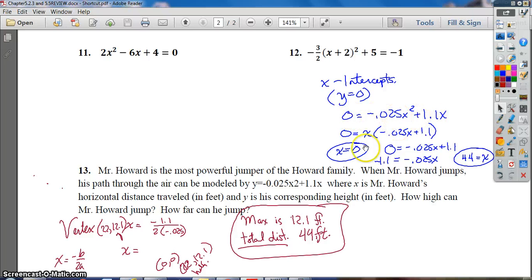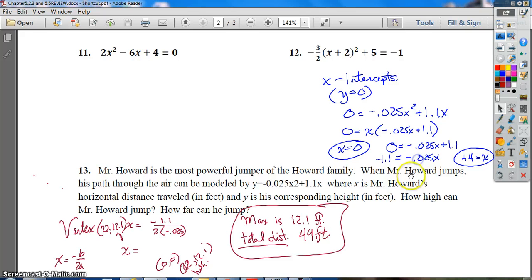I pulled the GCF of x out of this equation. Leaves me with negative 0.025x plus 1.1. I subtract that 1.1 over, divide by negative 0.025, and you'll get 44. Set x equal to 0, so your two intercepts are 0 and 44. The difference of those is 44 feet. So that's another way you can do it.